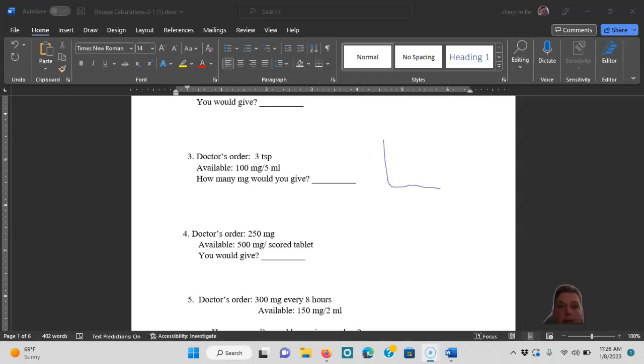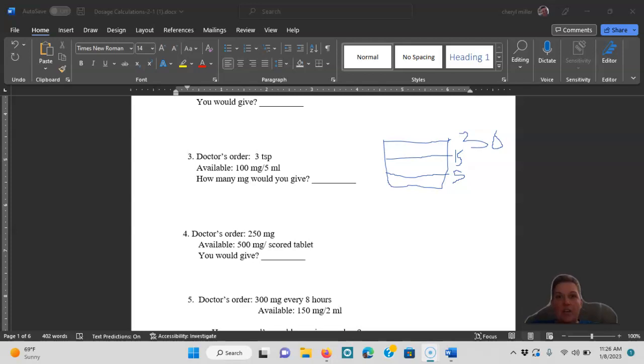So I write my little cup and I draw one line and I put 5 there, and I put another line halfway up and I put 15, and then at the top I put a line and I put 30. That's literally all I need to know for the rest of my life on how to do these questions.